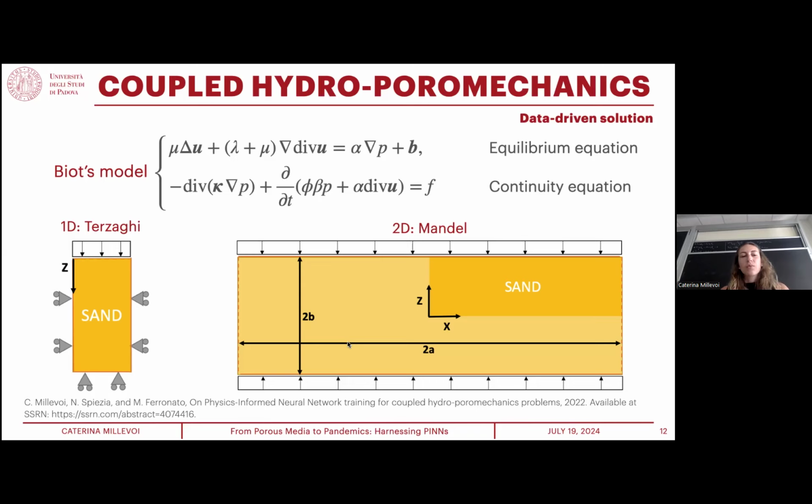We chose these two benchmarks because they both have analytical solutions. So we were able to compare our results at no cost and compute as much synthetic data as we want, again at no cost.